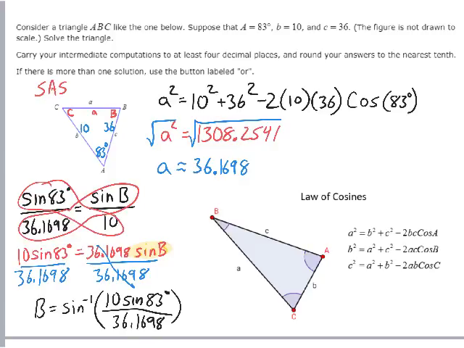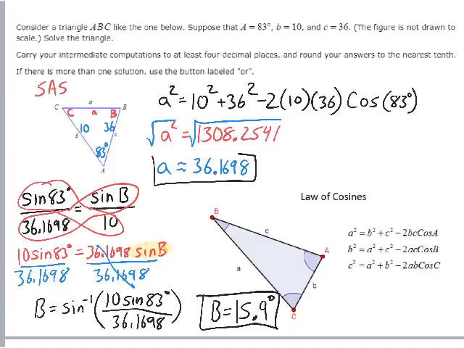If we take the inverse sine of all of this, we will have angle B. So for this problem, angle B is 15.9 degrees.